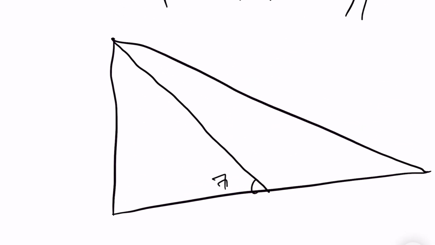We have this diagram. Here we have 70 degrees, and here we have 30 degrees.